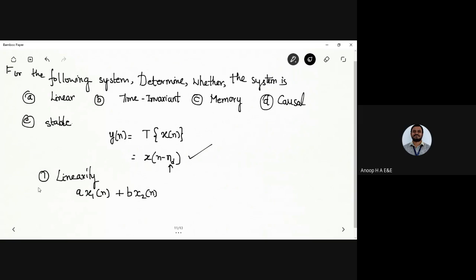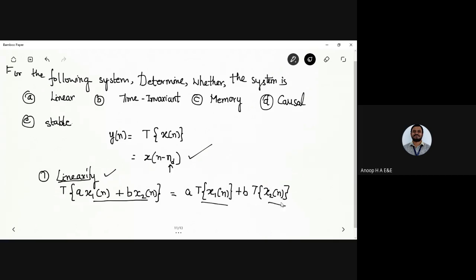Once the T operator is applied on this system, we get a linear function: a into T of x1 of n plus b into T of x2 of n. Getting it right? I'm going to call this the linearity function.